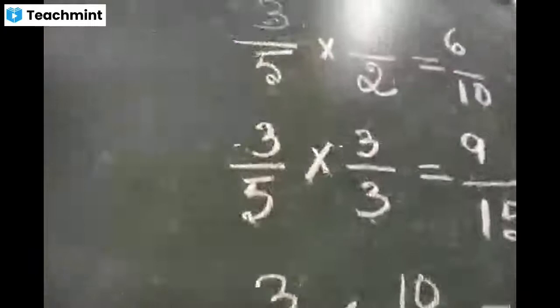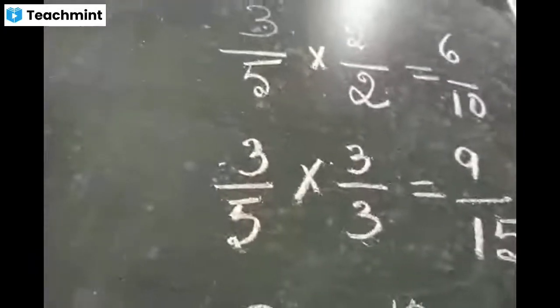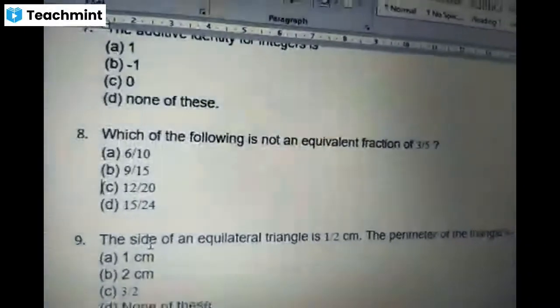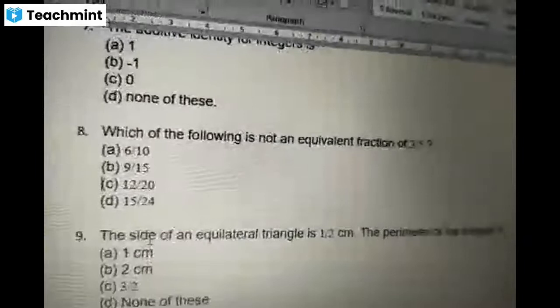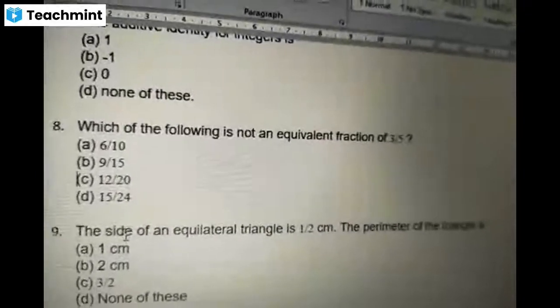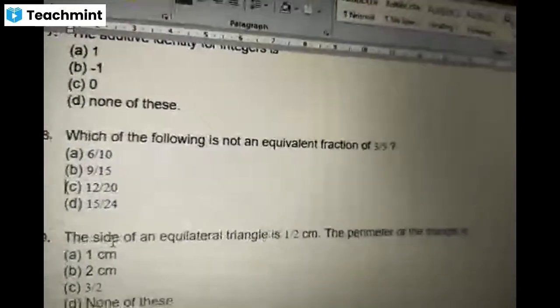Now, look at the question here and tell me which is the equivalent fraction. Question number 8. Which option is the correct one?